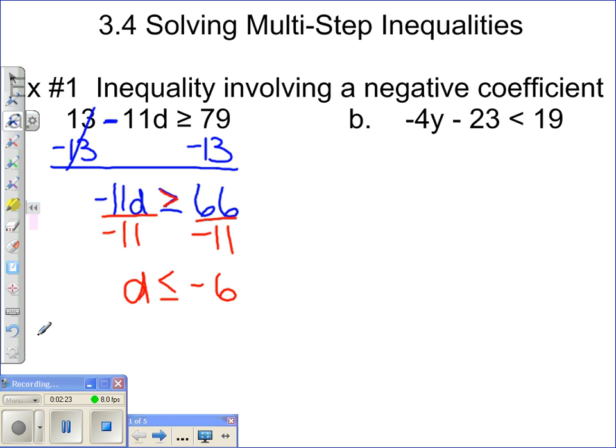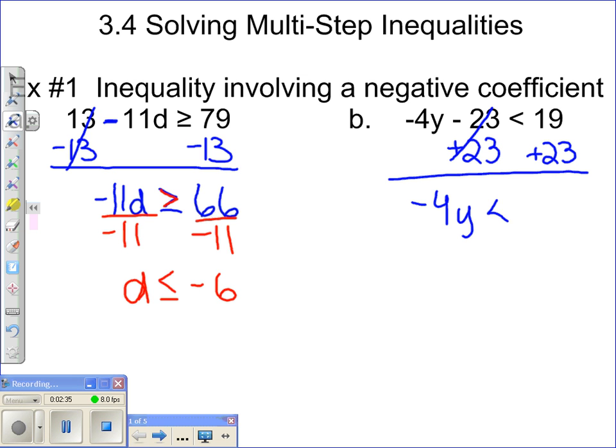The first step in solving this two-step is, good, plus 23. Bring down your negative 4y. What is 19 and 23 put together? Good, 42. And the final step in this problem, that's right, divide by negative 4.